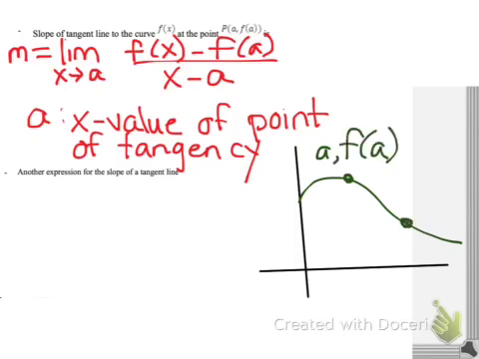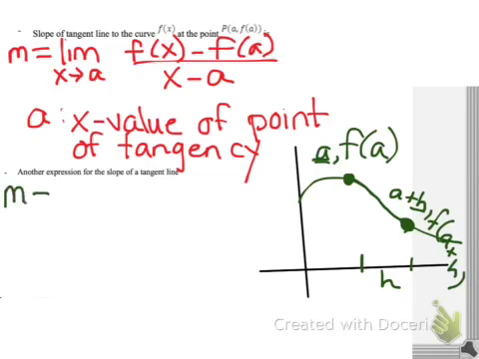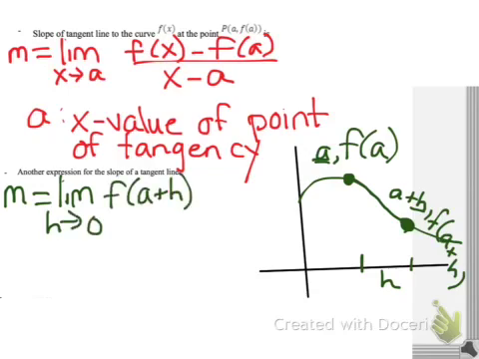Now if I take a nearby point and call it a plus h, f of a plus h, so the distance between here and here is h, this point is whatever this x value is, plus h. So another expression for the slope of the tangent line is the limit as h goes to 0 of f of a plus h minus f of a, all over h.